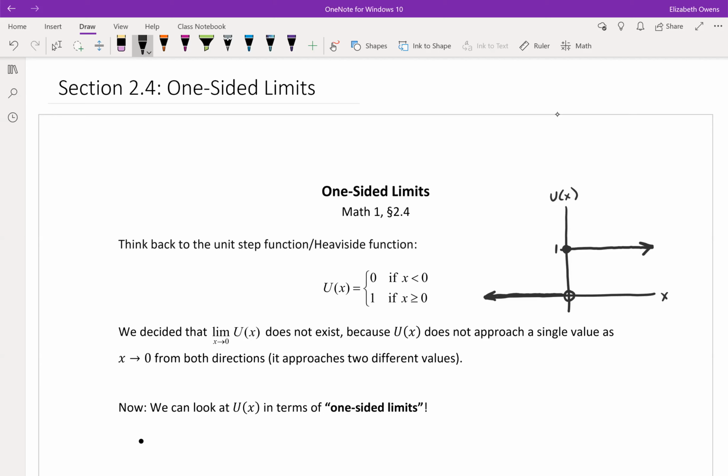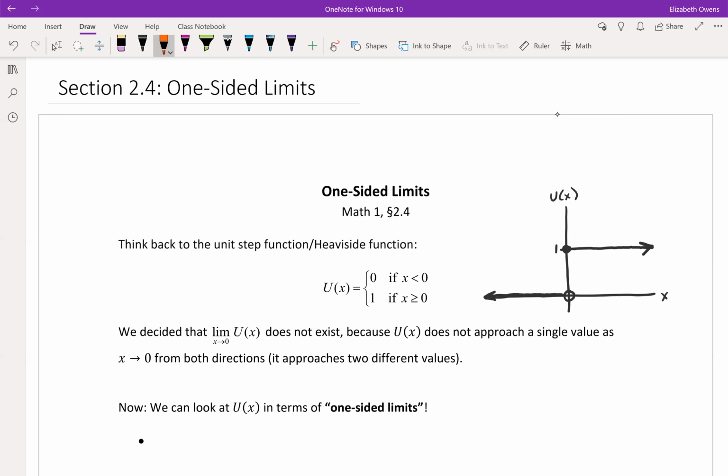We looked at this last time and decided that the limit as x approaches 0 of u of x does not exist, because our function u of x didn't approach a single value as x approached 0 from both directions. It approached two different values.